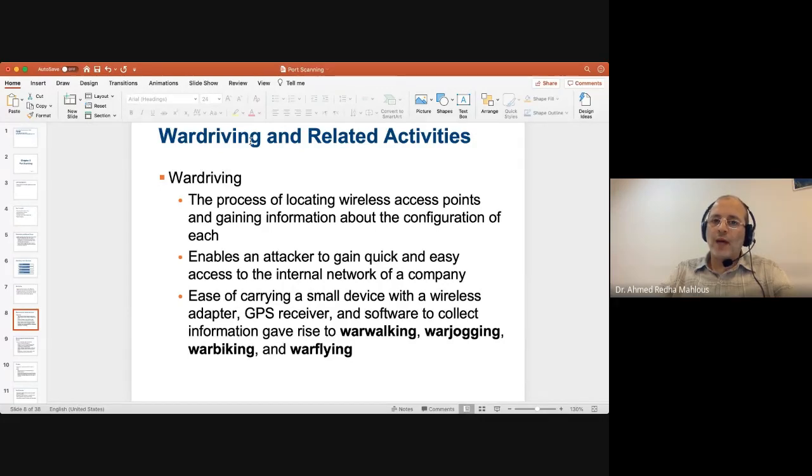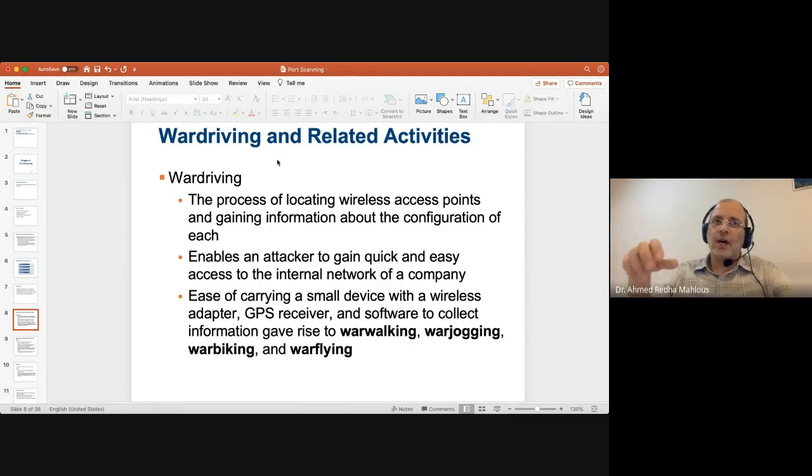If you have someone sitting outside the PSU campus who wants to gather information about the network within the PSU campus, and he doesn't have physical access, what he will do is have his PC with an antenna and the proper application, and he will walk around or drive around, usually by car.